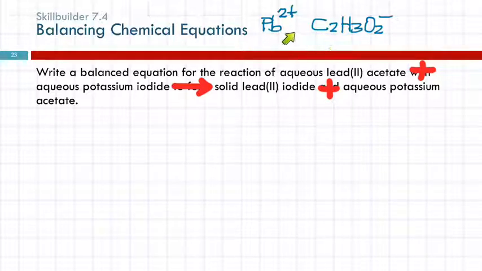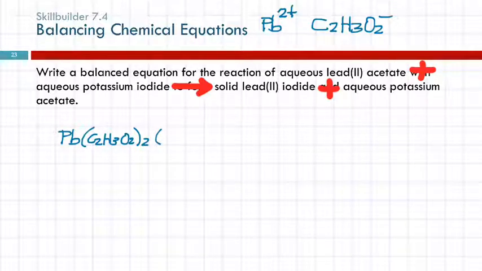So when I put these two together, I need 2 of the acetate ions to balance the charge on the lead. C2H3. And what's the state symbol? AQ. It's aqueous. It's dissolved in water.